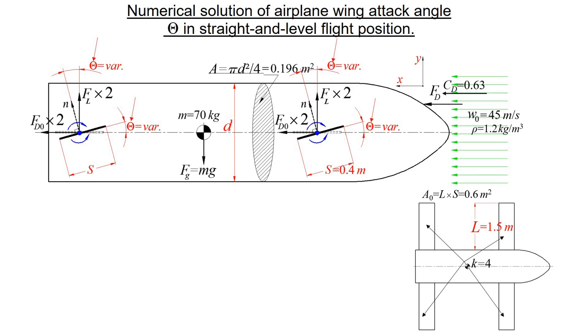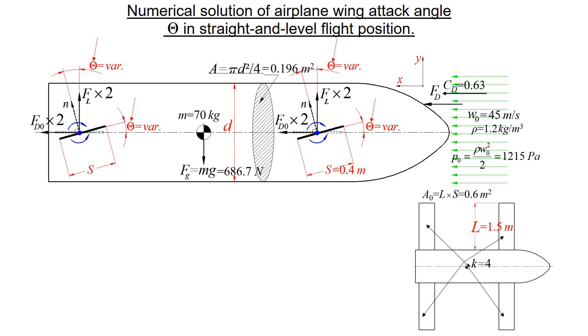Therefore, the gravity force of the aircraft is 686.7 newtons. Maximum wind pressure is equal to 1215 pascals. This value also sustains the energy conservation condition.